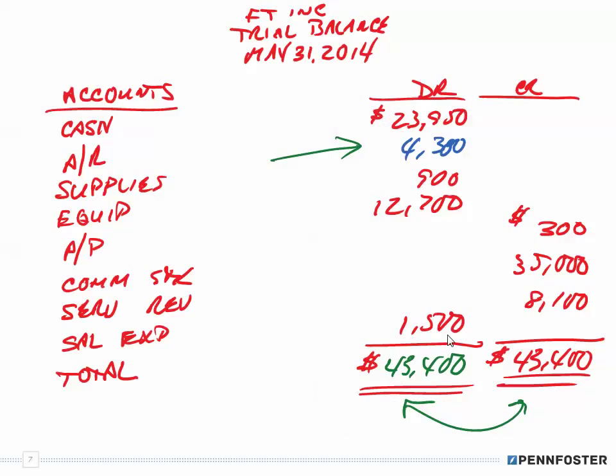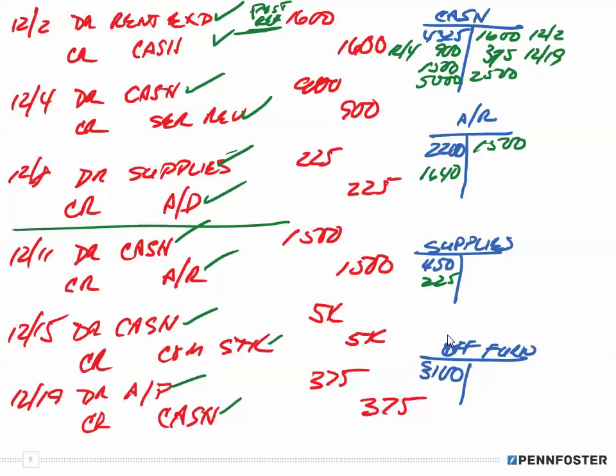All right. So now I need to go down and figure out what my balance is. So I draw a line and then I start doing the math. 43.25 plus 900 plus 1,500 plus 5,000 is equal to 11,725 as a debit.